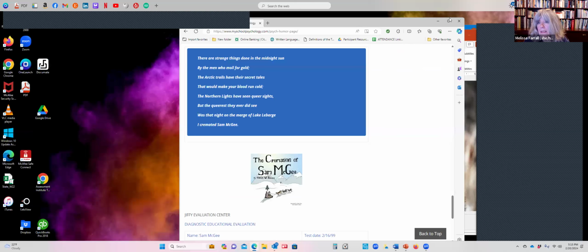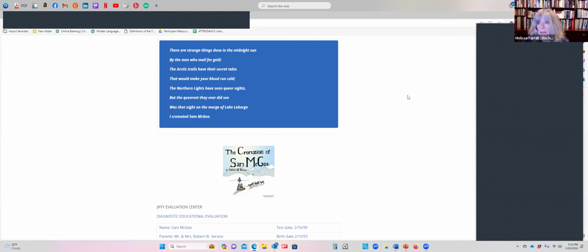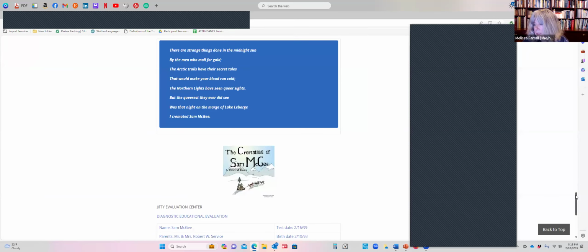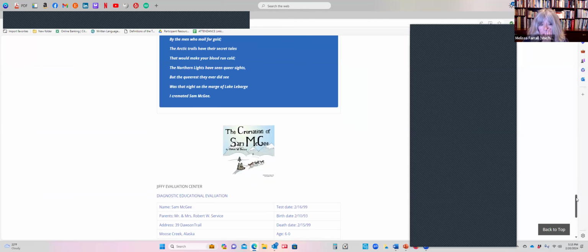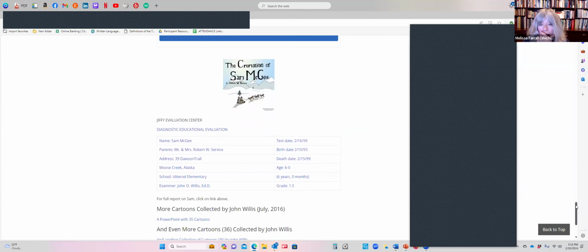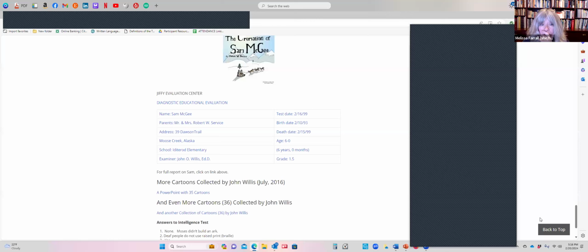Can you all see this? Is this big enough? I'm going to try to make it bigger. There we go. All right, so this is an evaluation of a child who is named Sam McGee. The background history is going to be really important here, and so is the information up front. So this is Sam McGee, test date February 1999. We have his birthday, and we also have a death date.